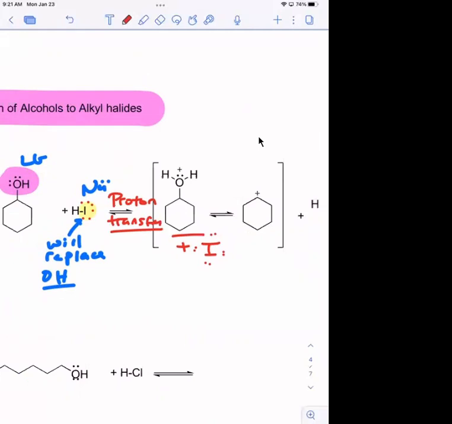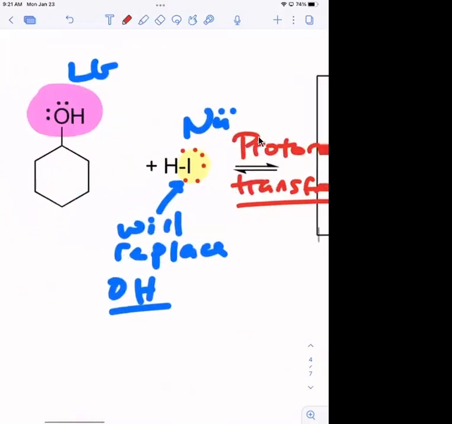When you have a proton transfer, you have to be able to show how that happened. Anytime you're doing a mechanism, you have to show how something happened with curved arrows. I know we learned that in part 1. This is just an extension of that.